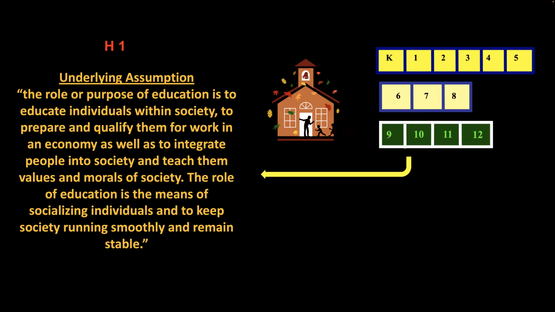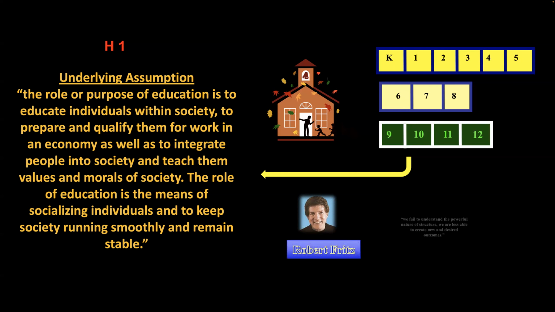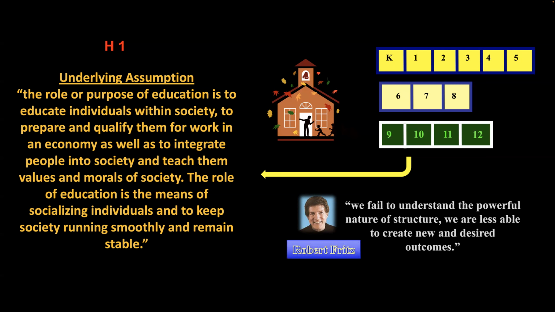So again, think about these assumptions that are present there, because this gentleman here by the name of Robert Fritz always said, and it's very important, that if we fail to understand the powerful nature of a structure, we are less able to create new and desired outcomes.